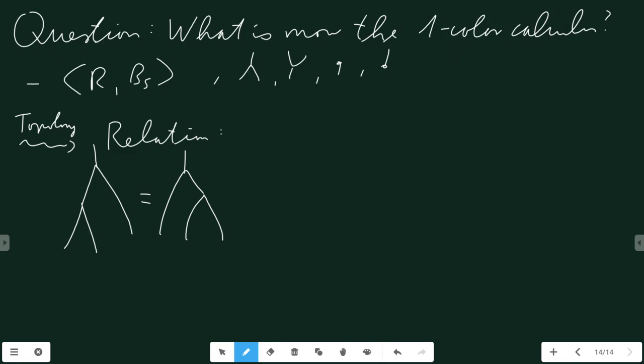I should be careful here, I should label everything with S, but since it's just one color, I just omit the label anyway, like before when I omitted the color for the algebra itself.